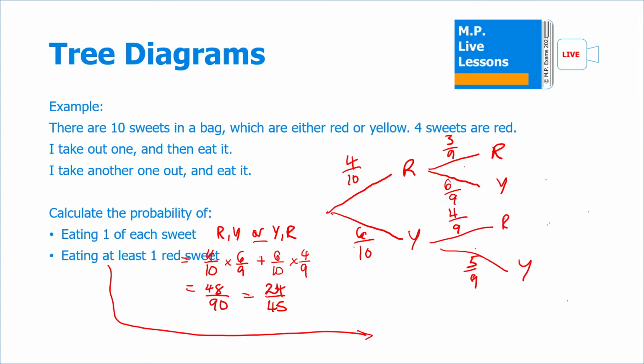Another question would be, as a practice, eating at least one red sweet. So how many ways is this possible? So you could have 2 red sweets, so one after the other, red and then red. You could also have a red, then a yellow, or a yellow, then a red.